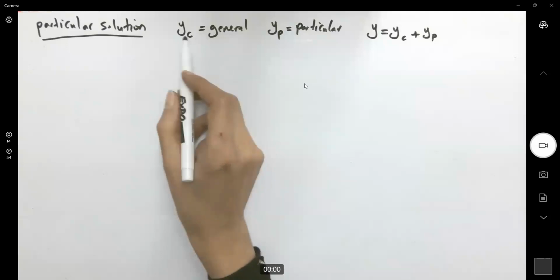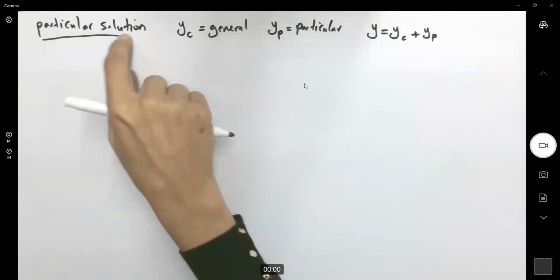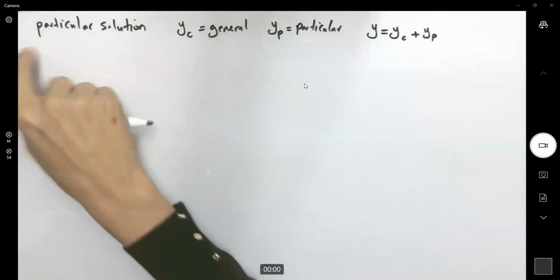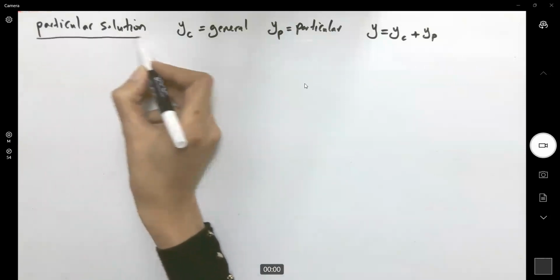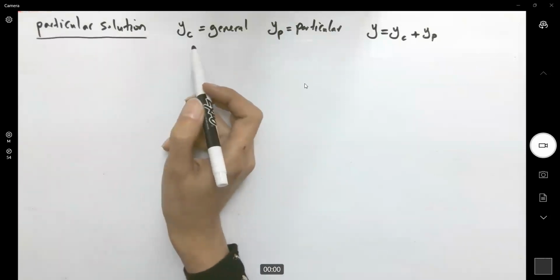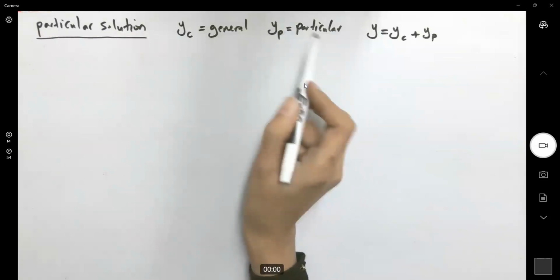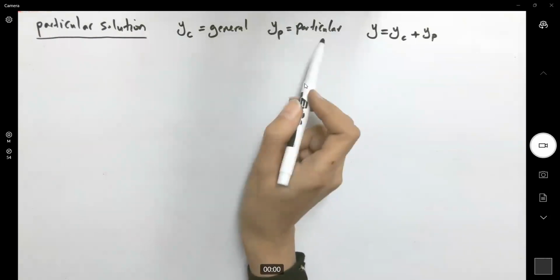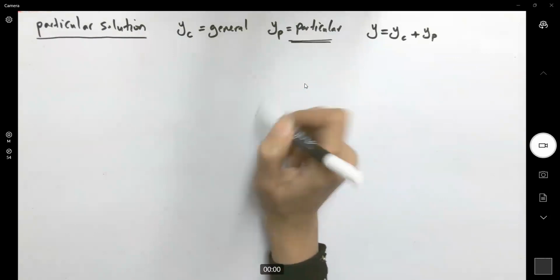So far, we discussed the general solution, how we come up with the general solution for a differential equation of nth order and with constant coefficients. Now, let us in general discuss what is the format of a particular solution.